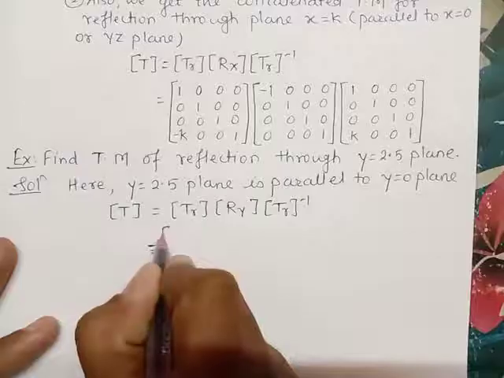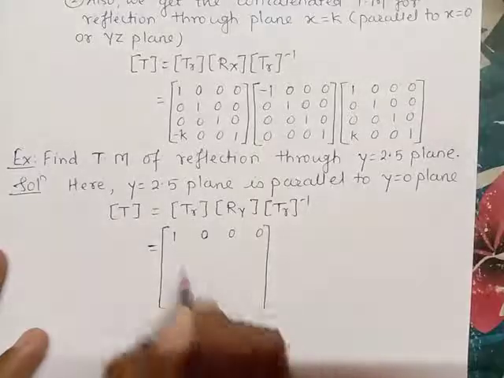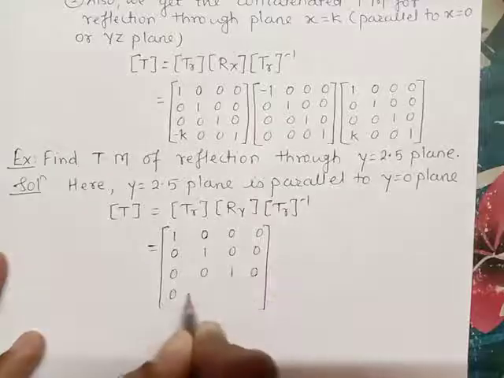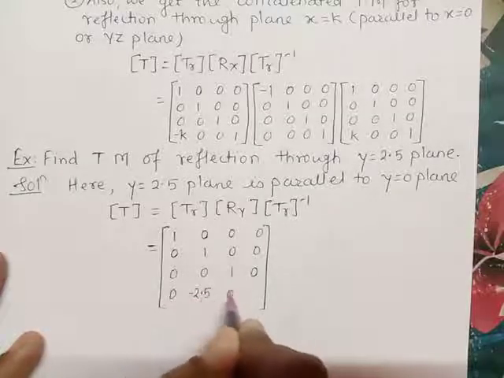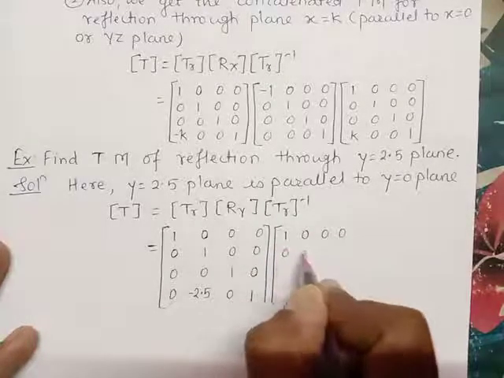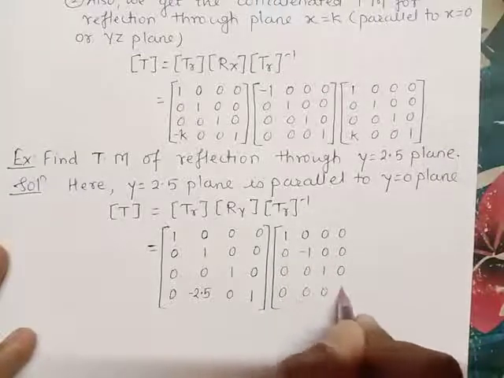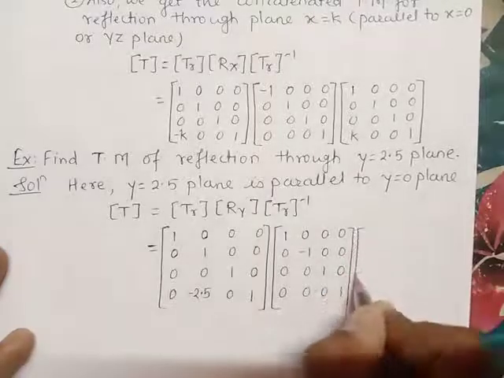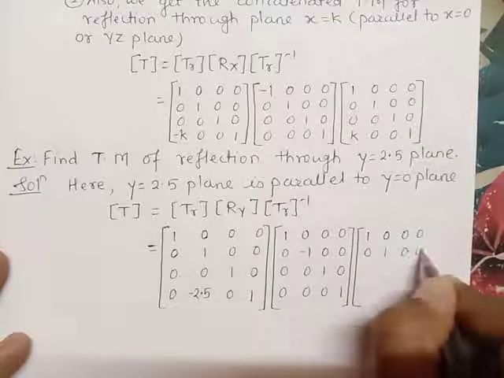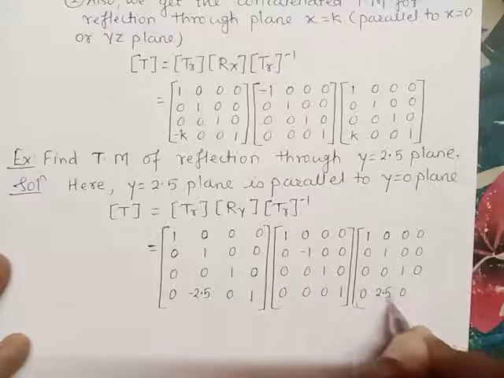So what we get? 1 0 0 0, 0 minus 2.5 0 1 into 1 0 0 0, 0 minus 1 0 0, 0 0 1 0, 0 0 1 and what? Inverse translation. So 1 0 0 0, 0 1 0 0, 0 0 1 0, 0 2.5 0 1.